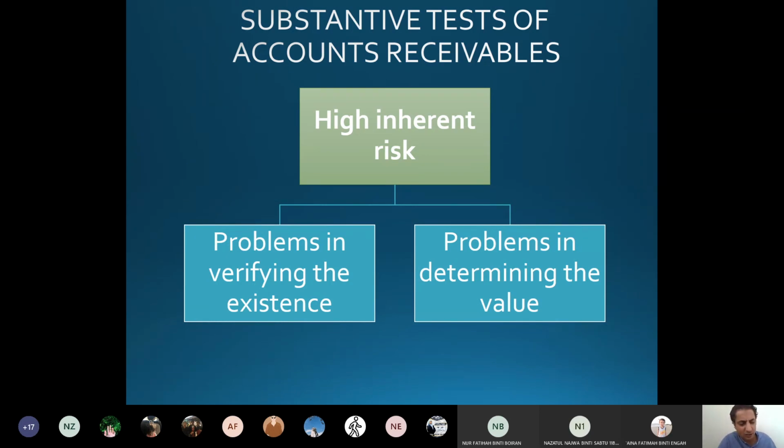But in reality, this is not in your hand. So the auditor faces the problem of verifying the existence of this accounts receivable, a current asset, and number two, the problem of determining the value. We determine whether this value is accurate or not. Is the value right or not? Because sometimes the value may diminish or go down when we write off uncollectible accounts receivable or allowance.